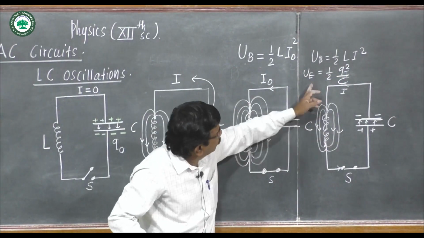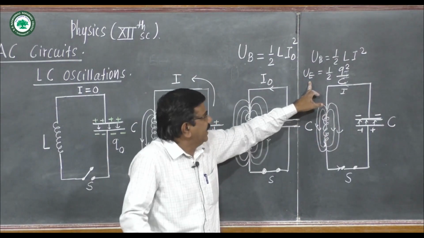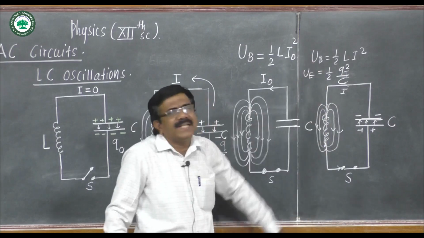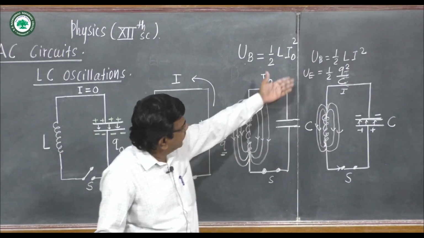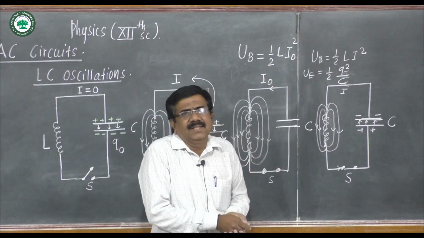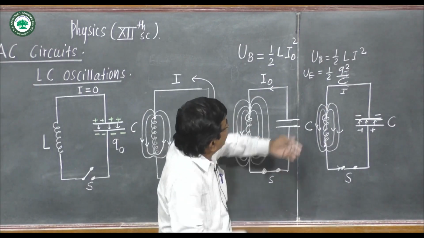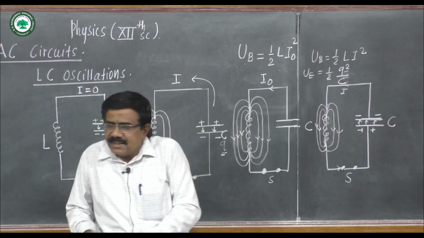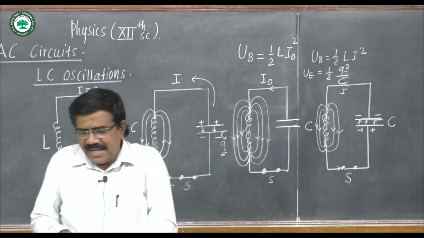It is converted into electric field energy of the capacitor, and here again the energy is partly magnetic field energy of the inductor, 1/2 L i square, and partly the electric field energy of the capacitor, 1/2 Q square by C.